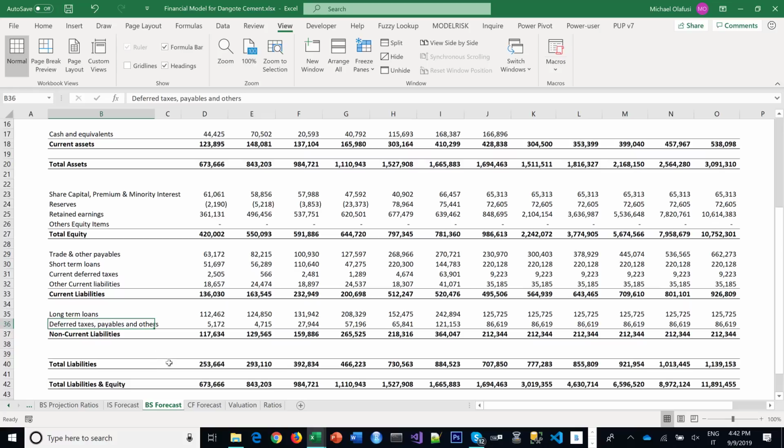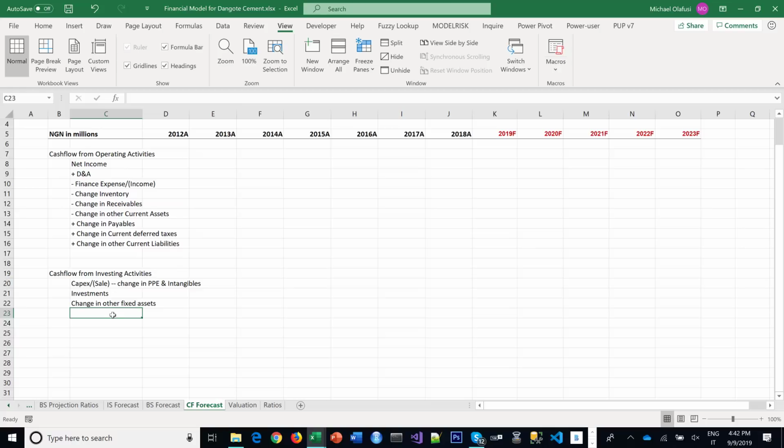Yeah, so change in long term liabilities, other non-current liabilities.